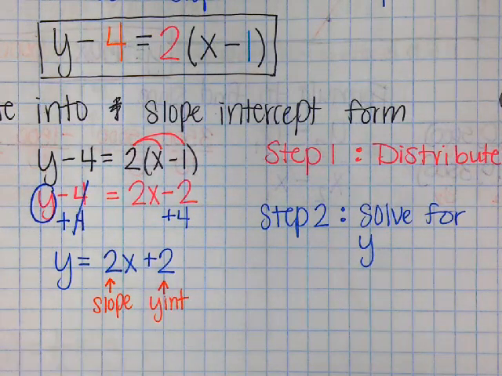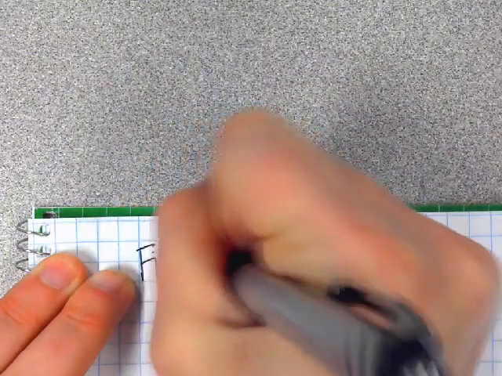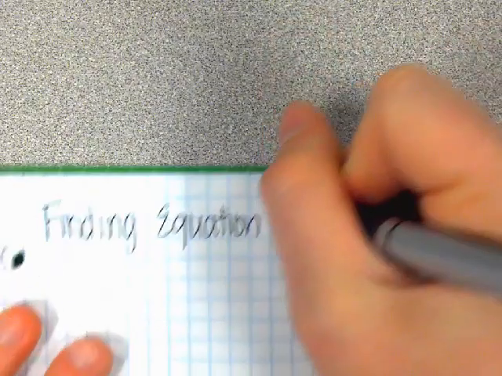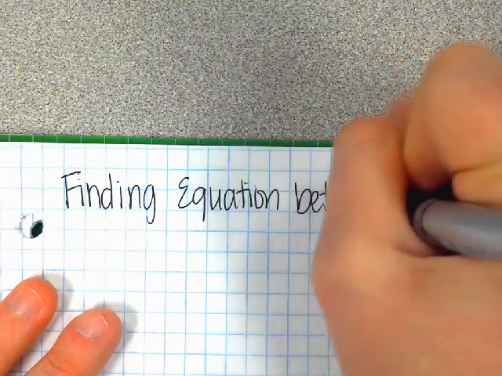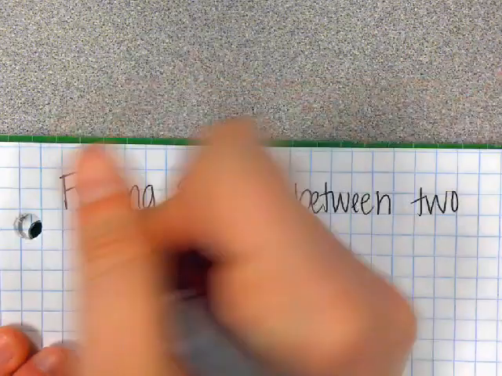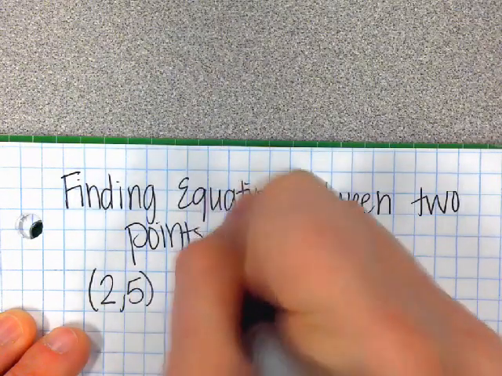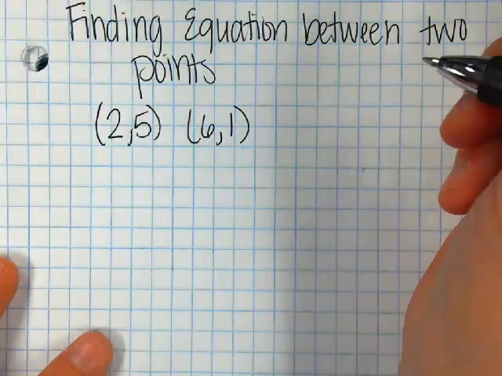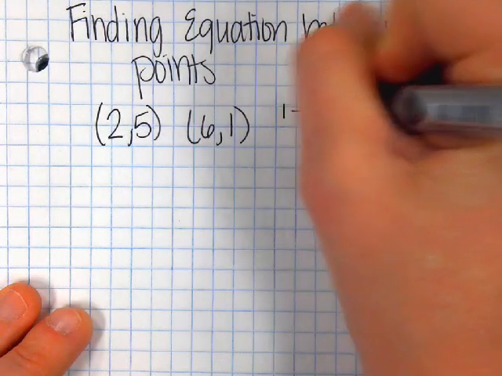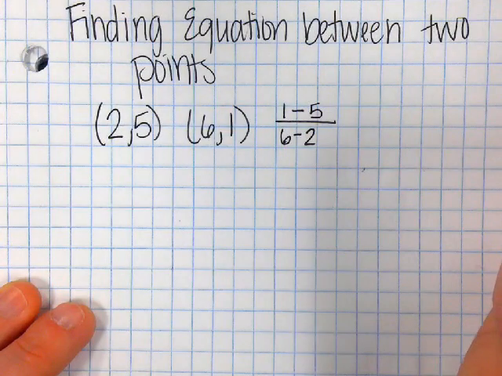Okay, so if we're finding the equation between 2 points. So if I have the point 2, 5 and the point 6, 1, you can use the slope formula where you do y2 minus y1 divided by 6 minus 2, x2 minus x1.